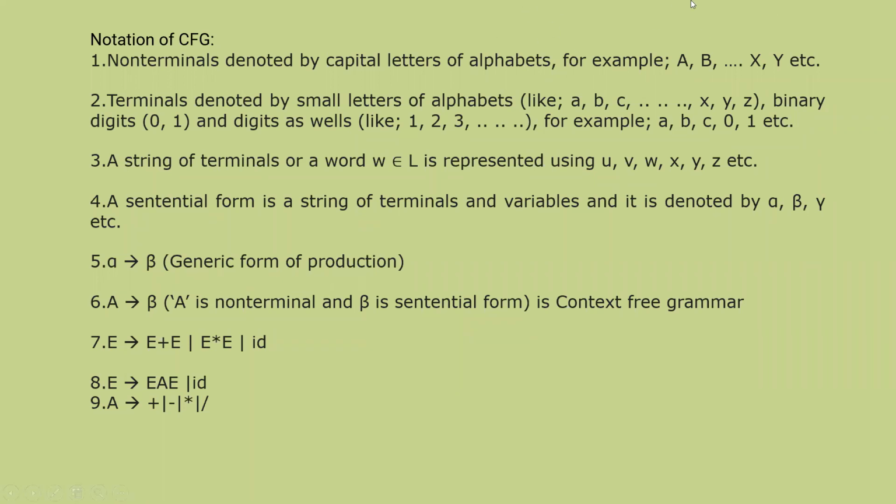So this T is nothing but a set of symbols which you want to use in your programming language. Then a string of terminals can be represented with the help of the small alphabets U, V, W, X, Y, Z.